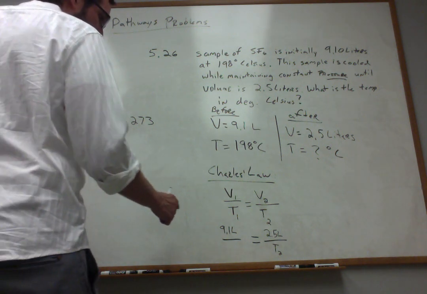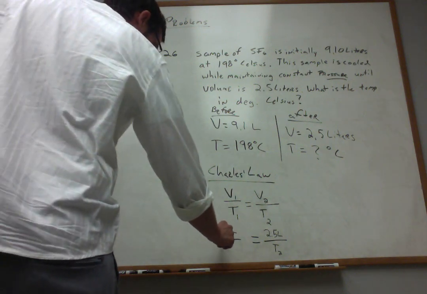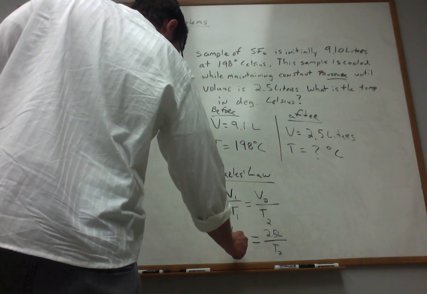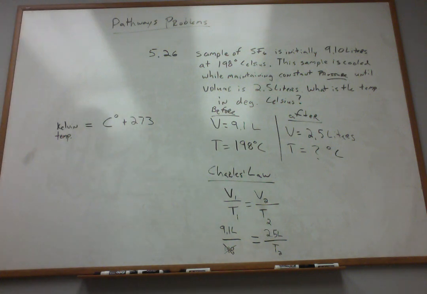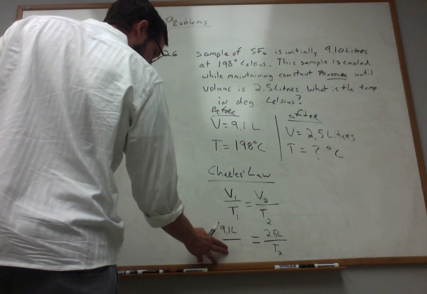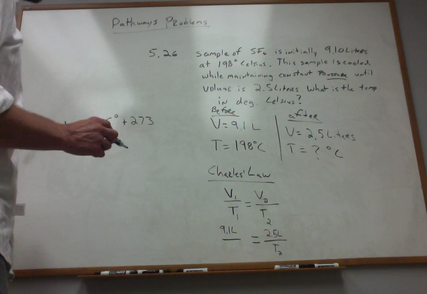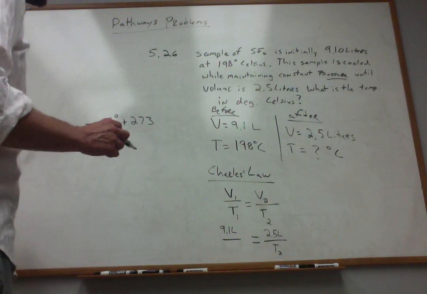Now, on the other hand, these T's are temperatures. If I just put 198 here, that would be wrong. I cannot do that. It's really important for the gas laws that you pay close attention to what temperature you're using and what temperature you've got.